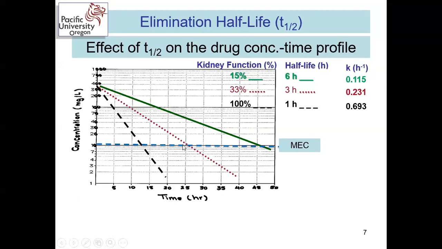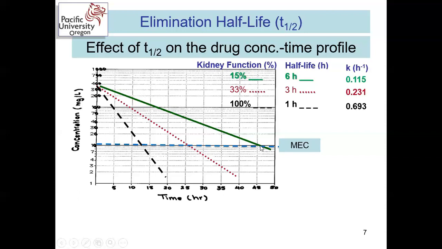For the second condition, when the patient has only 33% of his kidney function, because of the slower elimination process and the prolonged half-life, plasma concentration reached the MEC at around 25 hours. So in this case, instead of giving the drug every 12 hours, we have to extend the dosing interval to 24 hours.